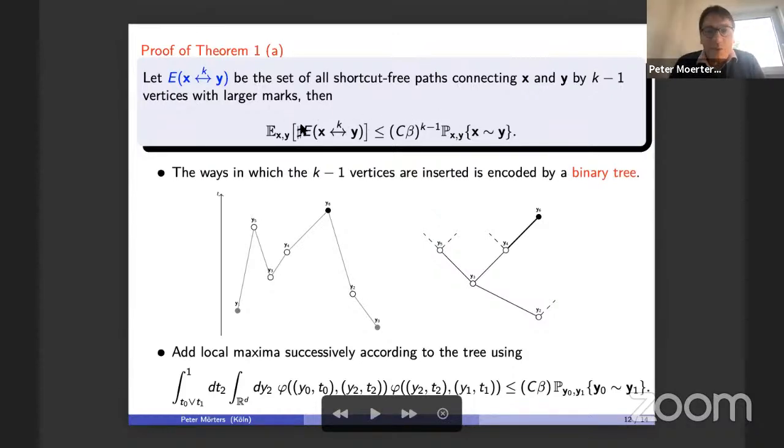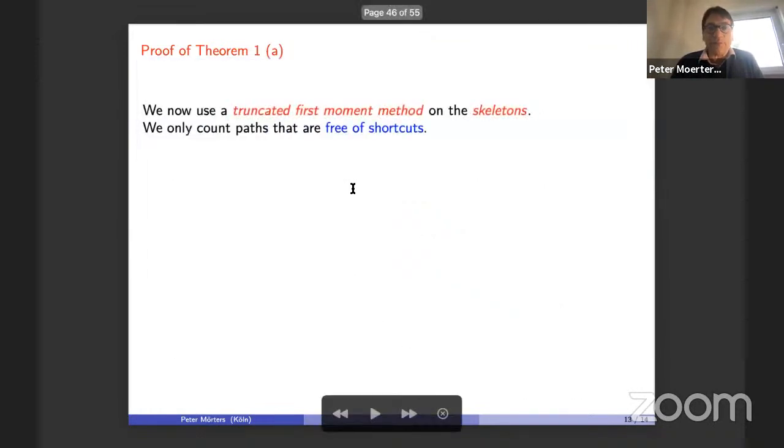Okay. So this useful tool allows us to count the number of ways you can get from one point of the skeleton to the next one. And from then on, everything will be fine because we have this powerful tool.